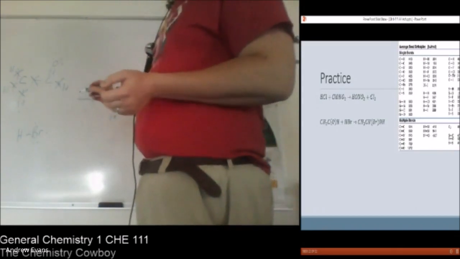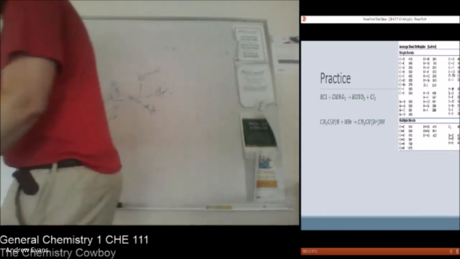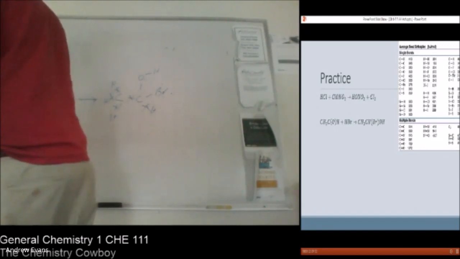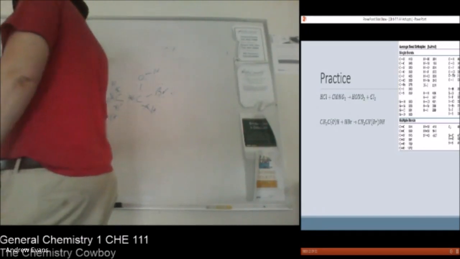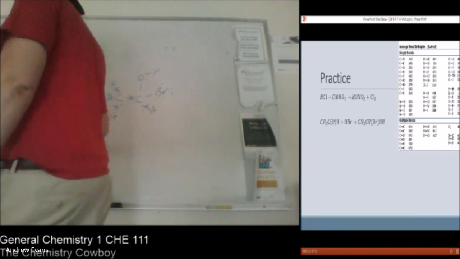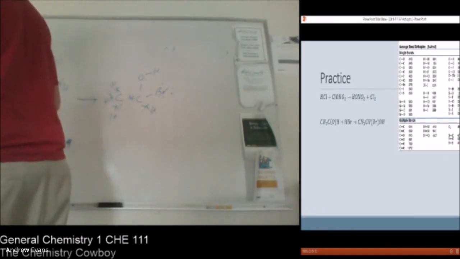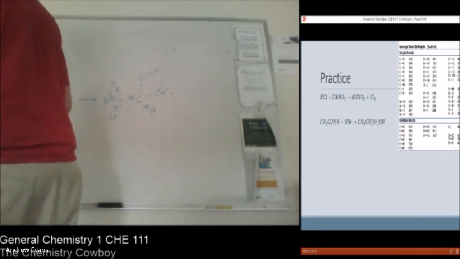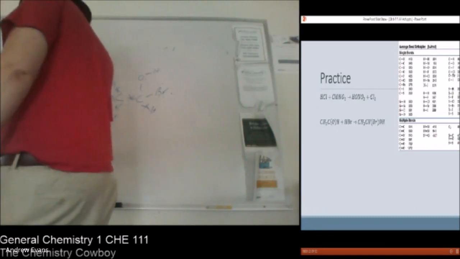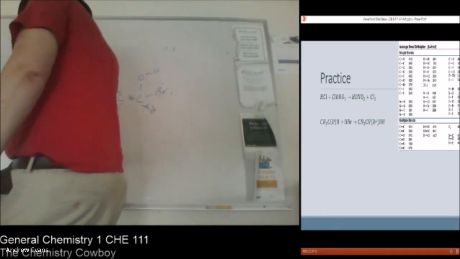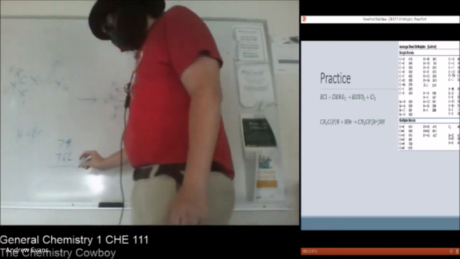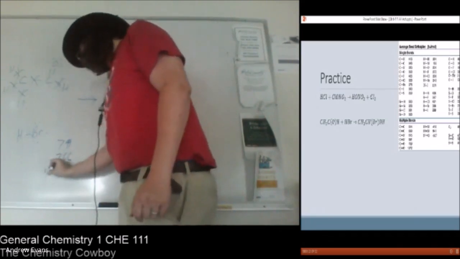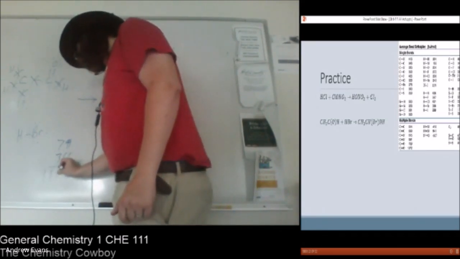So start with the double bond O. On the double bond character it's 799. And the HBr is 366. Summing those up, we get 1165.